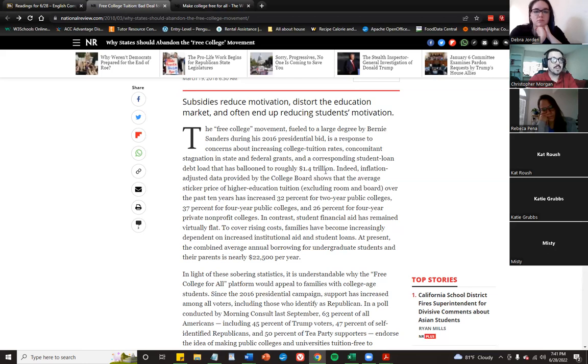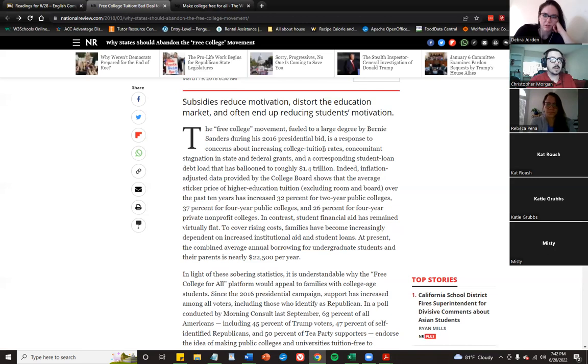The first thing that might jump out to you there: what do you notice in this first sentence that you might recognize from Bernie Sanders? She's conceding that there is an issue with the cost of college.